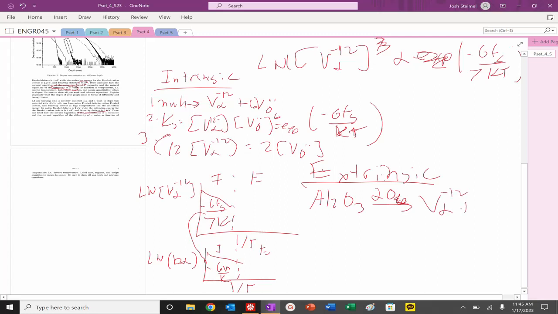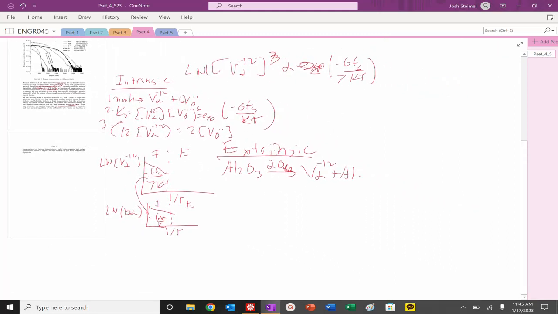So I need to put in a plus, because we don't want to change that. So I'm going to do an Al interstitial, and that's going to give me a plus 3. 1, 2, 3. And I'm going to put a 4 in front of that, and a 2 in front of that. And then I'm going to be left with 6 oxygen on oxygen sites.